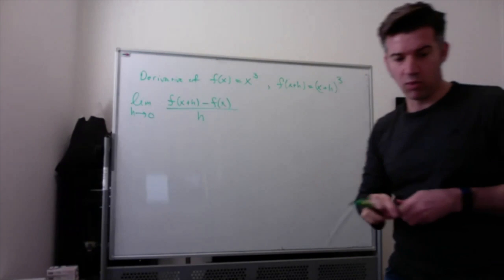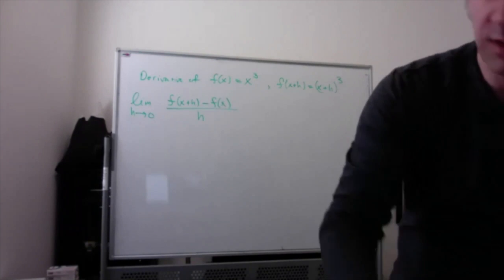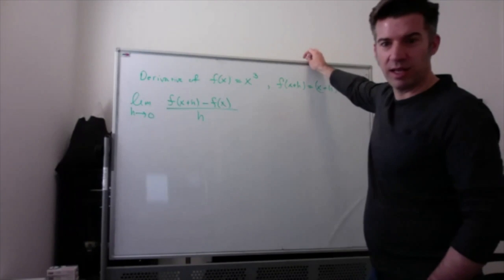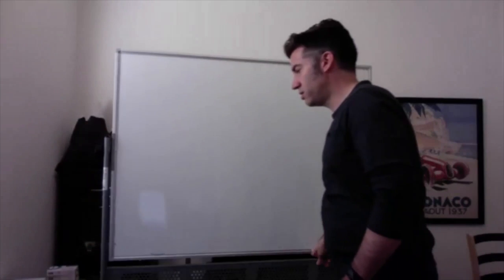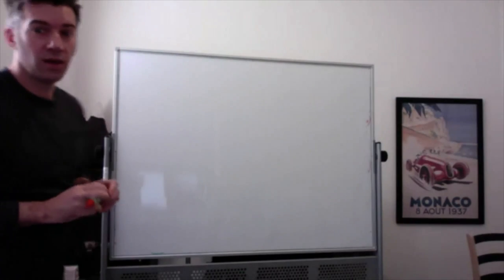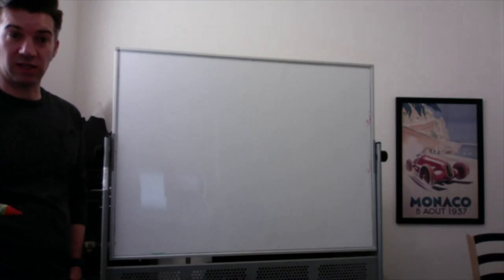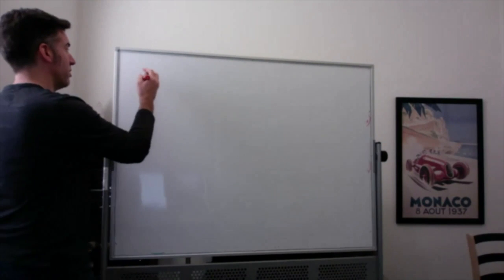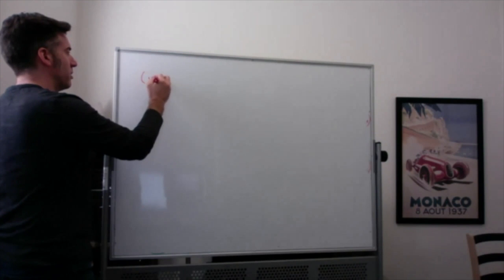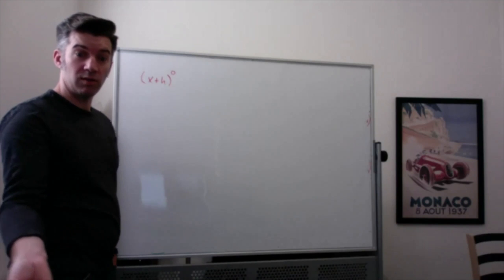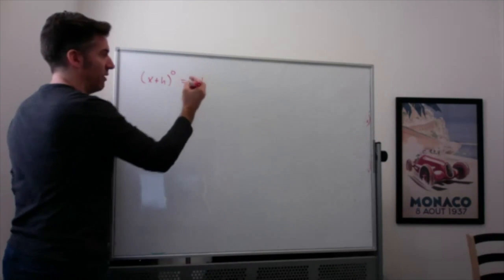In fact, it's worth mentioning right now. So yeah, we'll go to the other side here. We'll come back to this side. So there's this thing called Pascal's triangle, and it kind of corresponds to the coefficients of x plus h to higher and higher powers. For example, if I write x plus h to the 0th power, well, we know that anything to the 0th power is 1. It's not very exciting, I know.